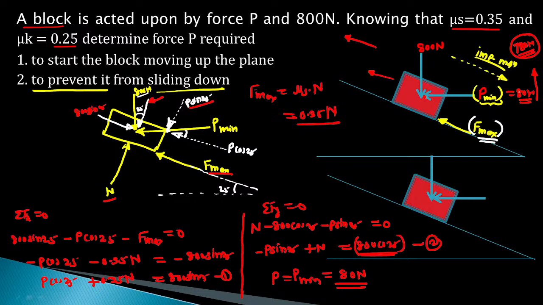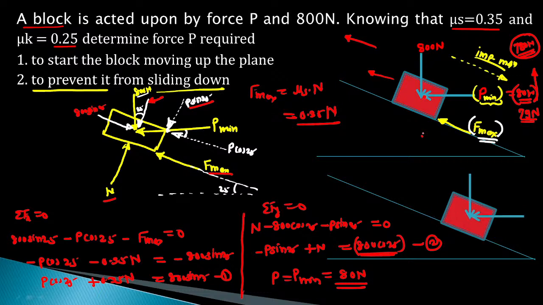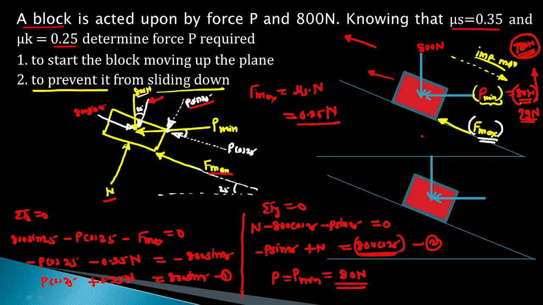What will happen if you reduce the force? If you apply 79 Newton, then the block will slide down. So, to prevent it from sliding down, we have to apply at least 80 Newton force.